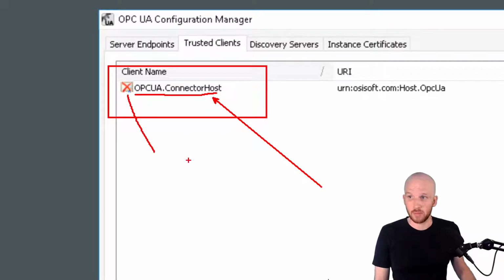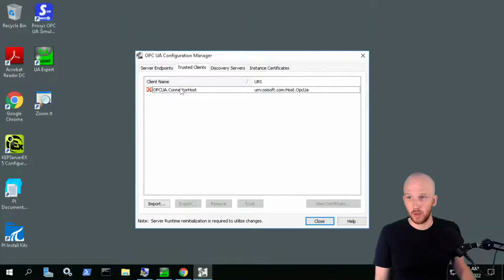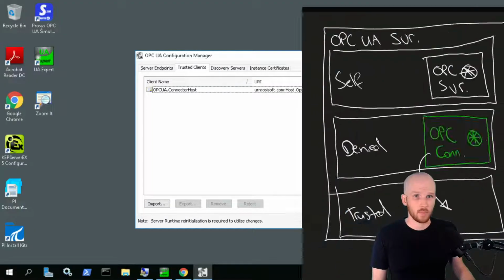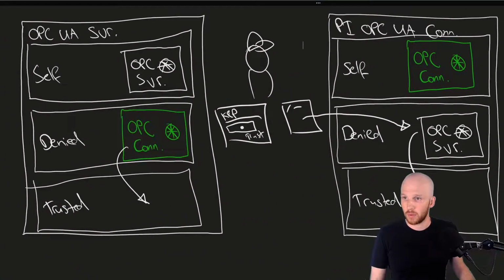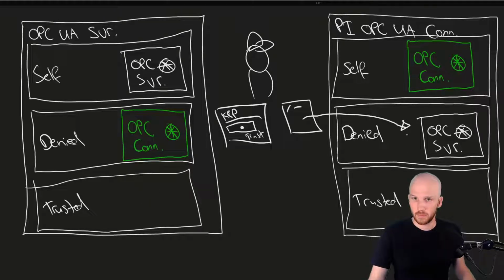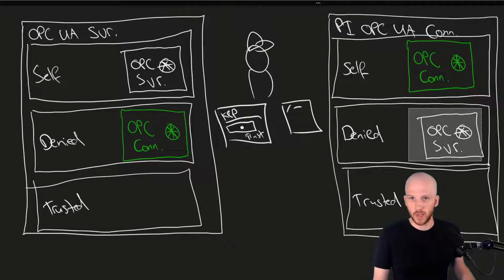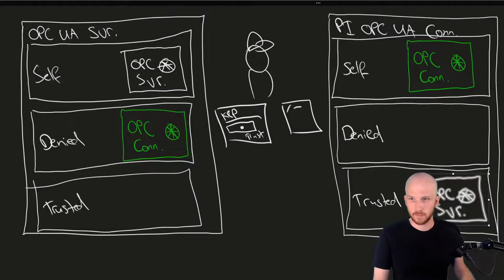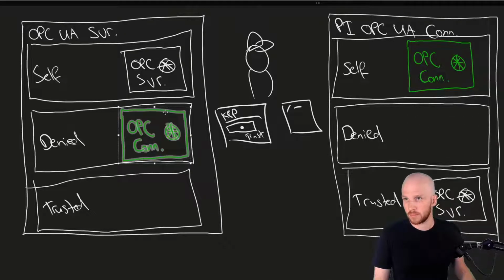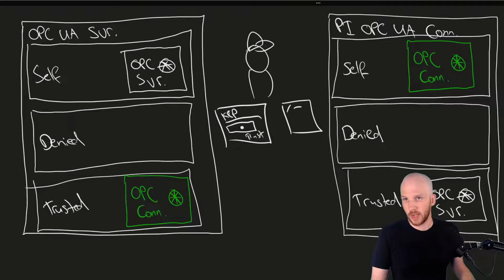It's got this little deny cross. We're going to right click and trust. Okay. So we have now moved over our certificates. And the next time they connect, they should trust each other.